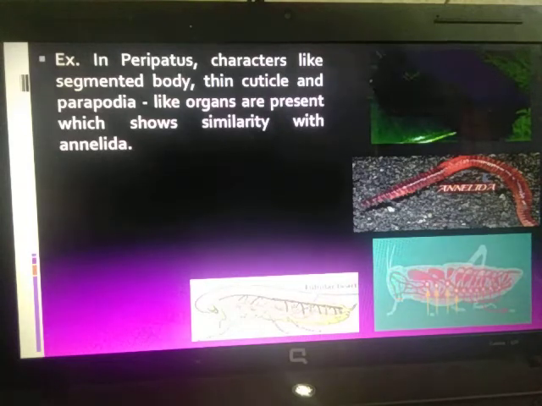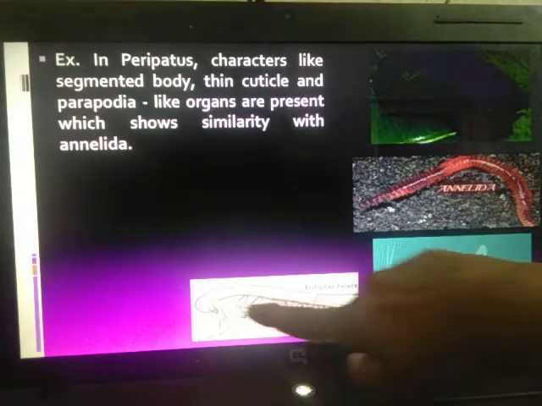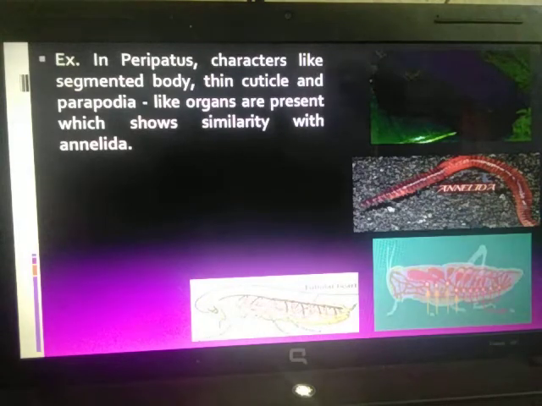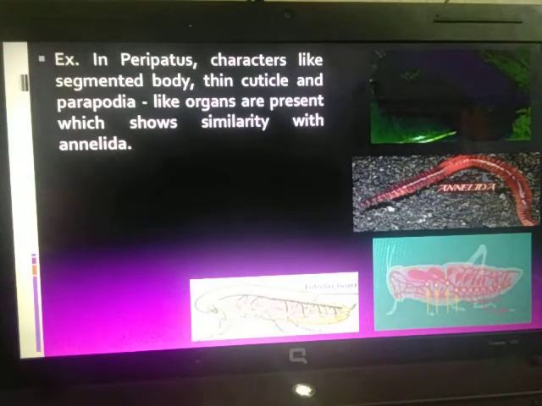opening in the cell. But in this case, open circulatory system means what? It is open, and all these vessels through which the blood, actually in the cockroach and all, they do not have the presence of blood. There is a fluid called as hemolymph. Okay, so you can find out on the net what is hemolymph.